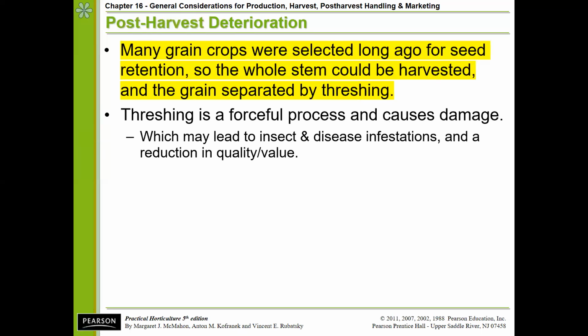We're intentionally damaging the stem so we can separate the edible part from the non-edible part. And in this process, it can lead to infestation of different pests and potentially a reduction in quality and value.